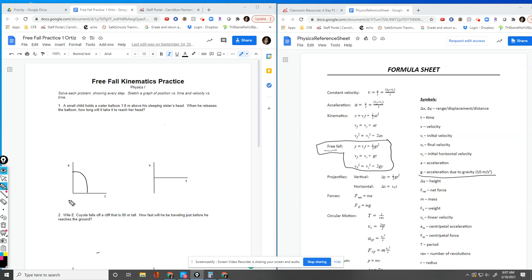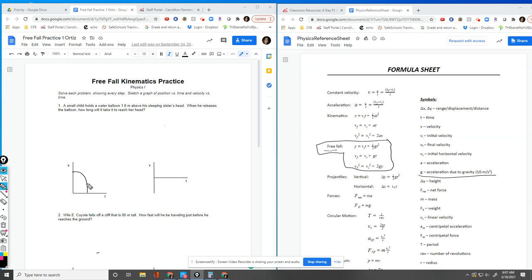Now, velocity is the slope of this graph. Okay, so if you were to actually figure out the slope of this graph in every section, you cannot say that it's the same, right? Because right here we have a different slope, almost a zero slope, right? And then right here we have a much bigger slope. So how do you take slope?